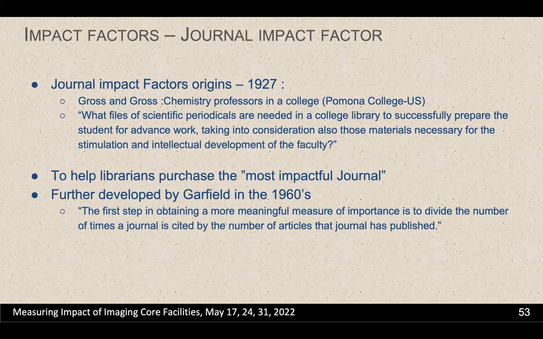But the first need was to understand whether this journal is needed by the community. So is it cited a lot? This is what they looked at first. And then they realized that some journals had a lot of articles in them and some had much fewer articles. So normalizing by the number of articles in the journal seemed a good idea to really compare apples with apples.